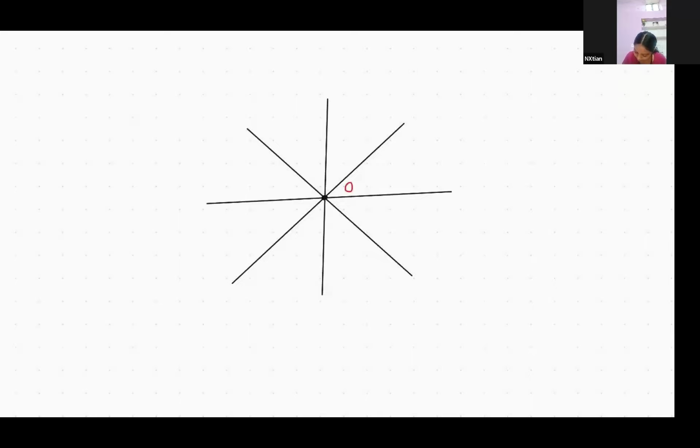So point O is known as the concurrent point. Now let's name the lines. Suppose this straight one is L, then this one is M, and here also M. This is L, the whole thing.